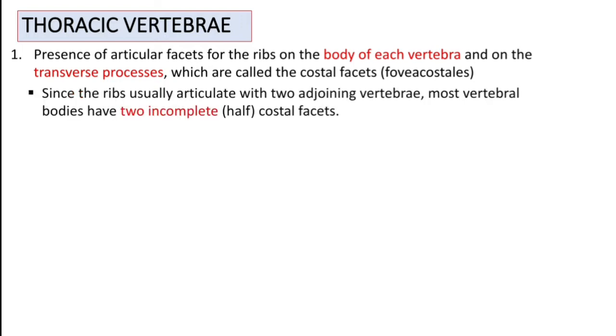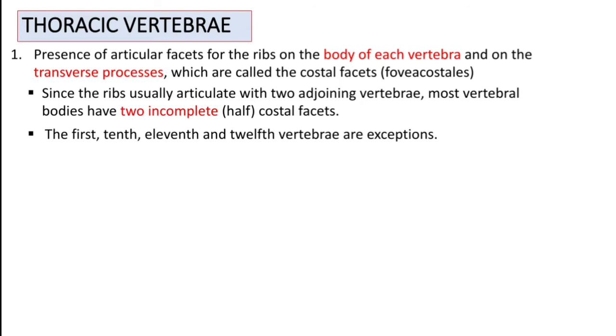Since the ribs usually articulate with 2 adjoining vertebrae, most vertebral bodies have 2 incomplete or half costal facets, also known as demifacets. The first, 10th, 11th, and 12th vertebrae are exceptions. They don't have these hemifacets.